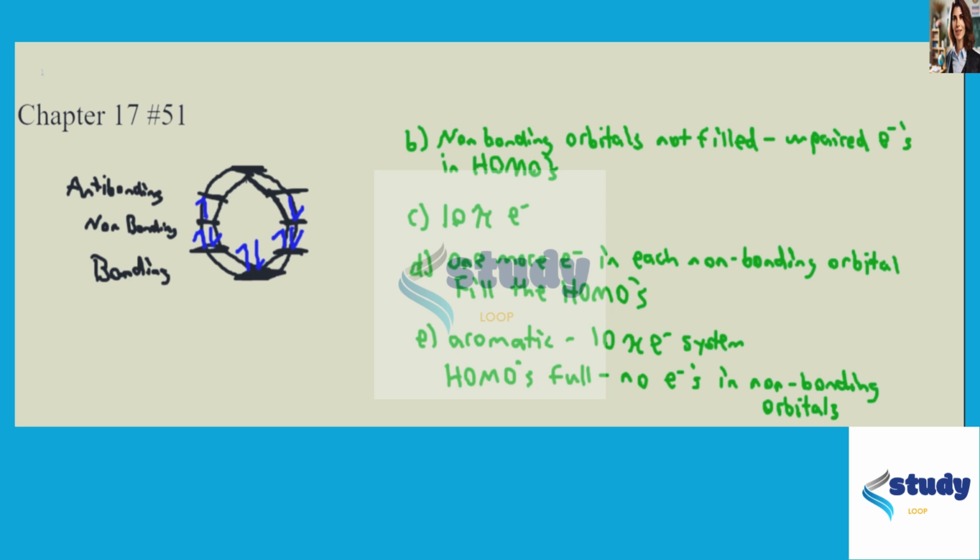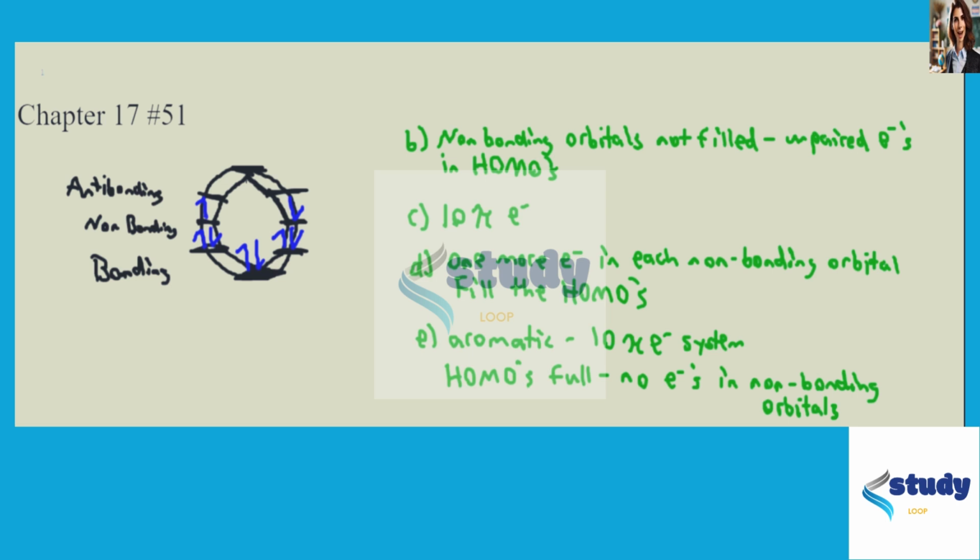Okay, and so that's all that there is to this problem. It's a review of the inscribed polygon method. Again, I've drawn the inscribed polygon to the left here, populated the orbitals with the 8 electrons of the original molecule. It's not aromatic because there are unpaired electrons in the HOMOs in the original molecule.